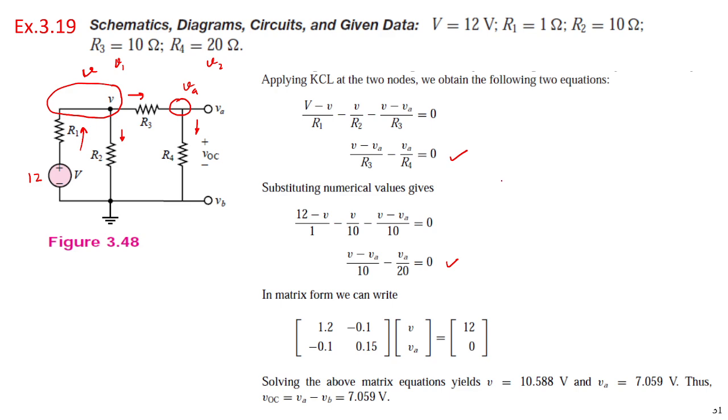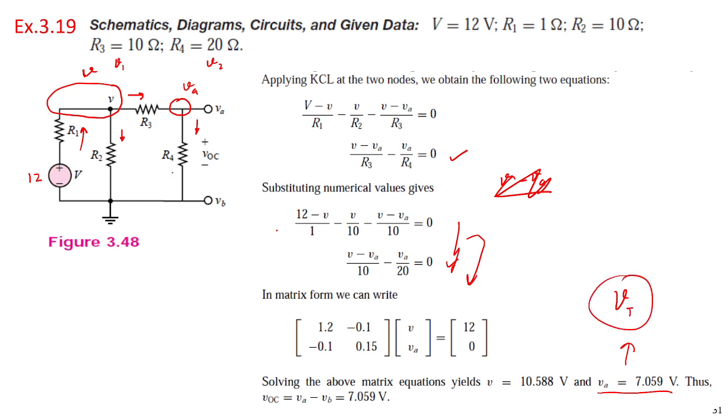V minus VA divided by R3, and then minus VA divided by R4. This is the second equation. Then we substitute the known values, we get this and this. And we solve two equations, two unknowns. Then we get VA. So this is V Thevenin.